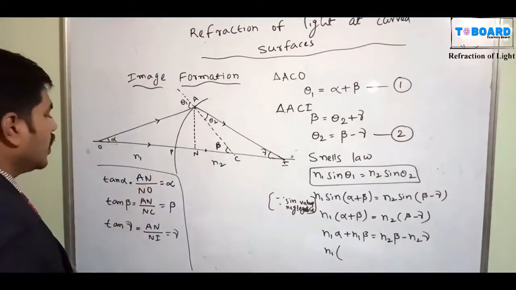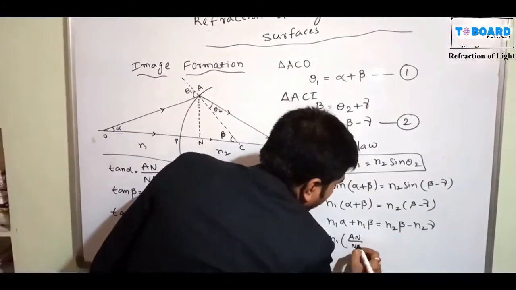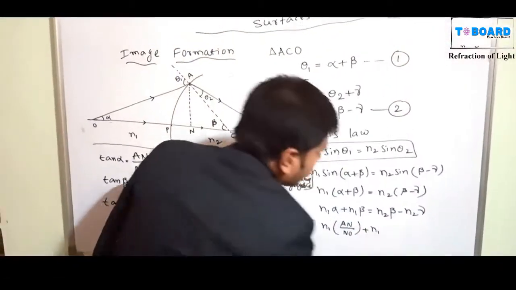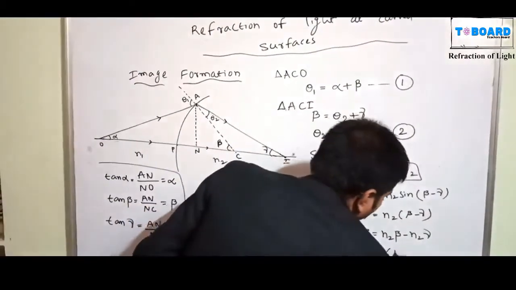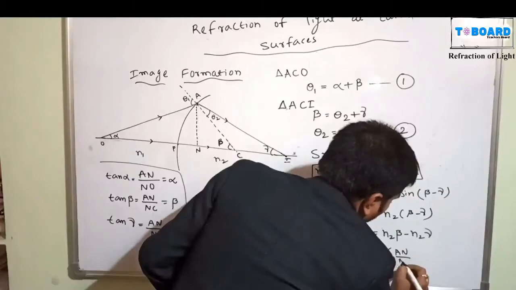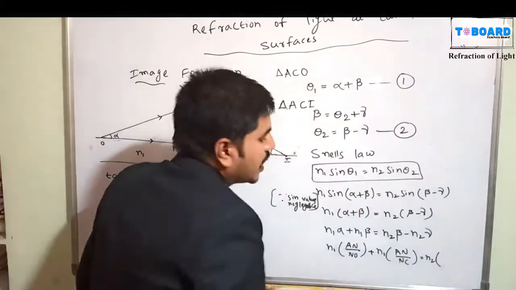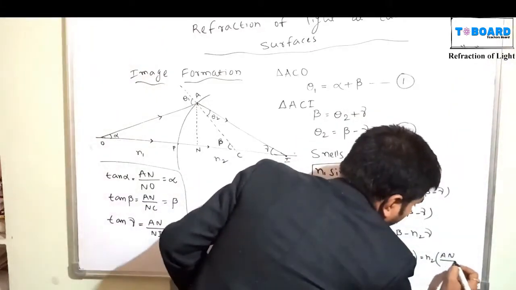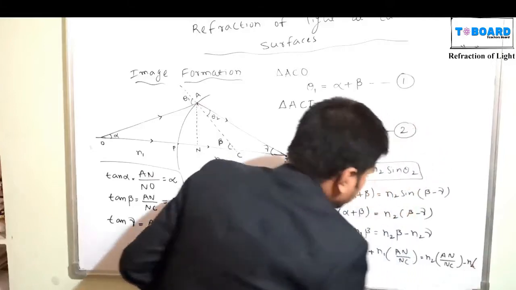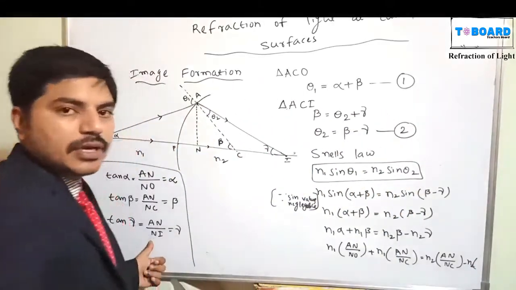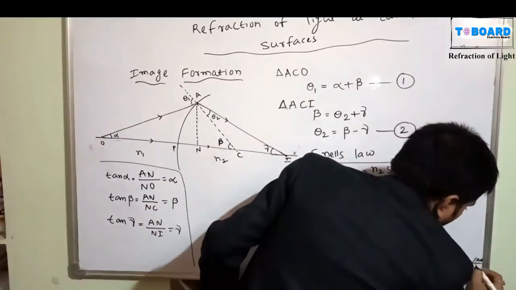AN by NO, plus N1 times beta, which is AN by NC, is equal to N2 times beta, AN by NC, minus N2 times gamma, which is AN by NI.